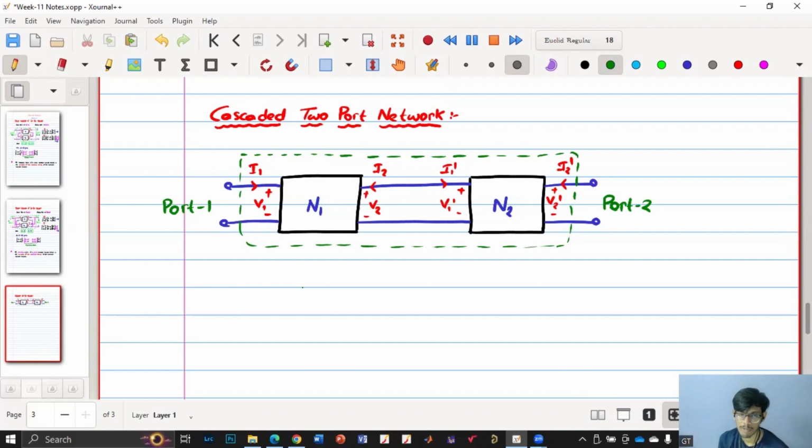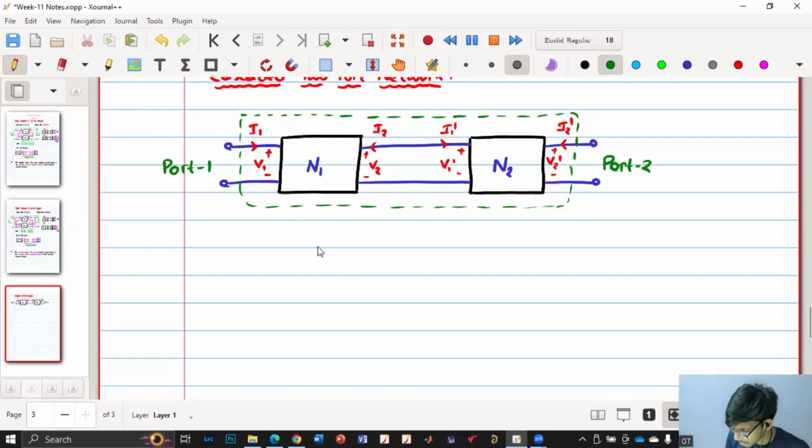ABCD parameters or T parameters. So transmission line parameters, which is also why they are called transmission line parameters, because they are used in transmission line applications where there are multiple transmission lines connected. So that's why they're also named after it. So let us consider the T parameters or ABCD parameters for network 1 and network 2.